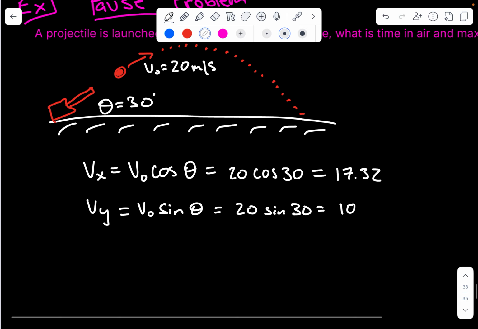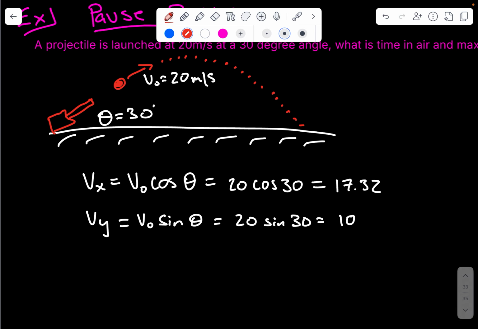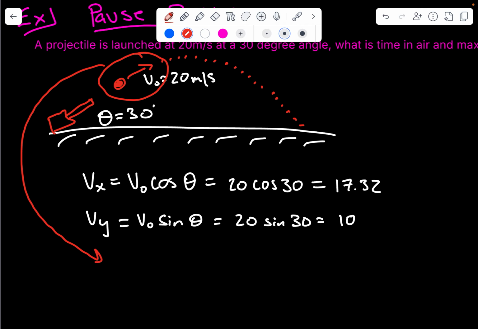All right, so what this means is if I redraw this component, so this is my V naught, I'm going to draw in blue. My Vx is going to be slightly like this. This is my Vx, and this is my Vy at initial.